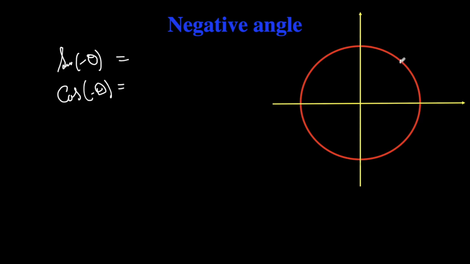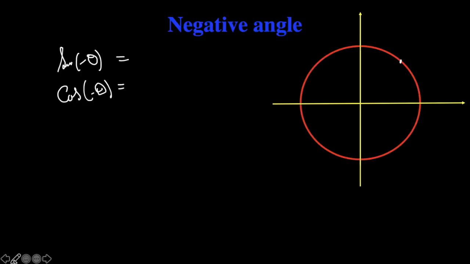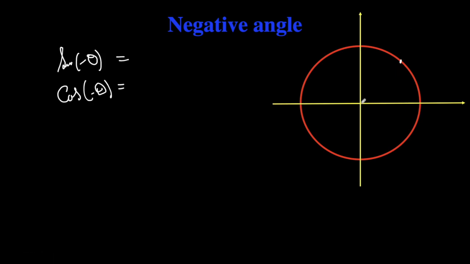Suppose this was your unit circle and this was your theta, and you got here cos theta comma sine theta.